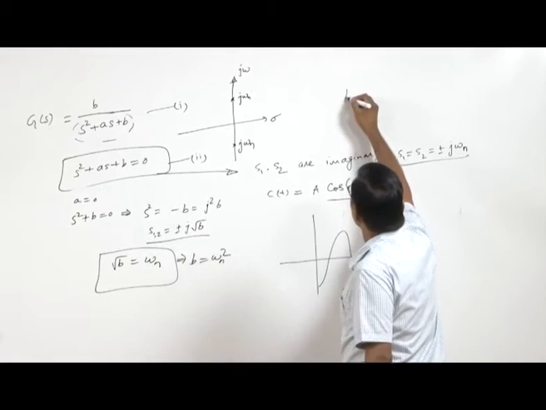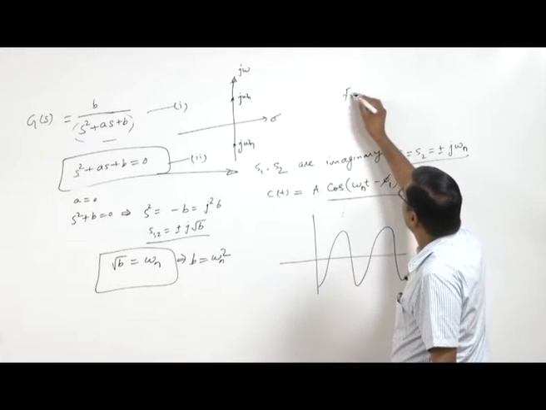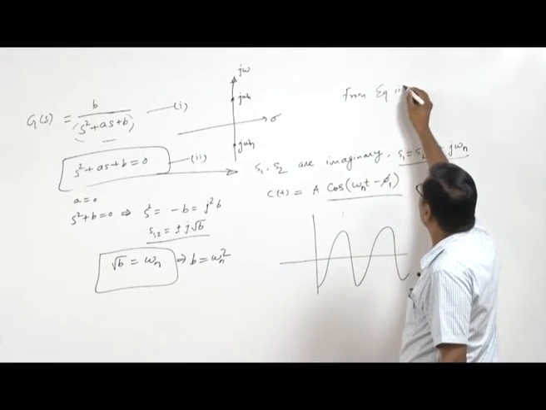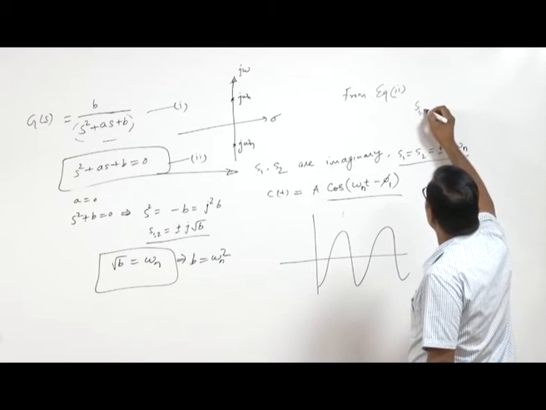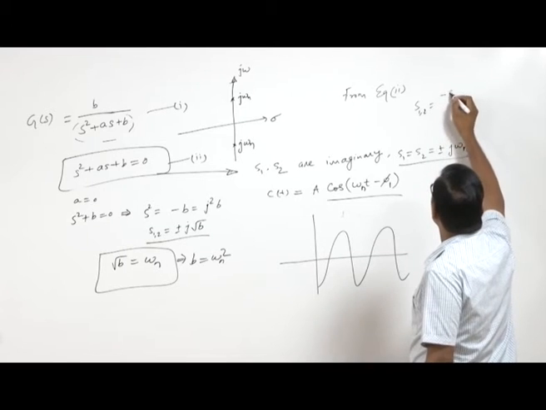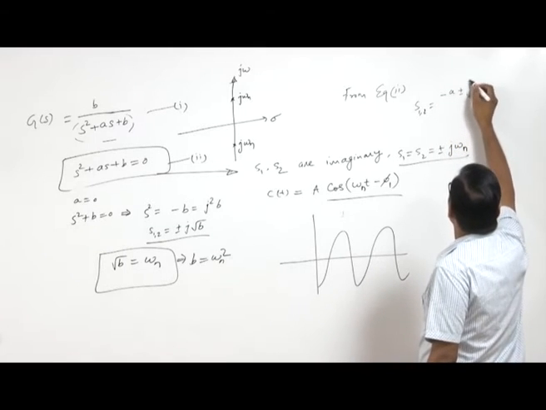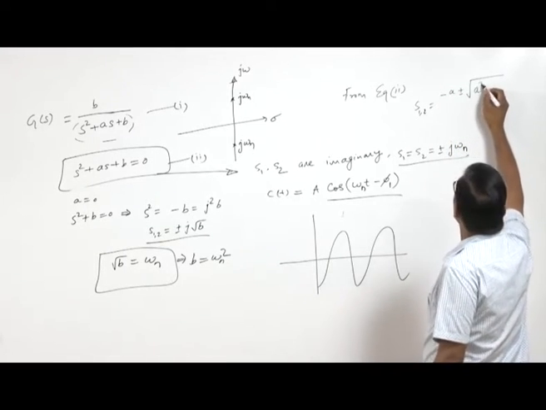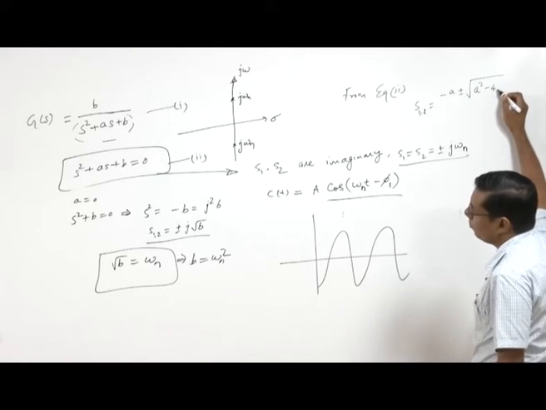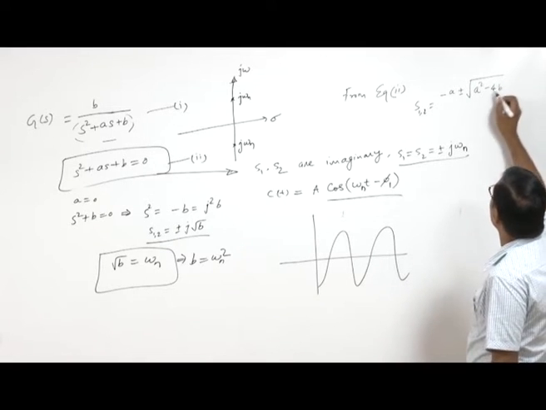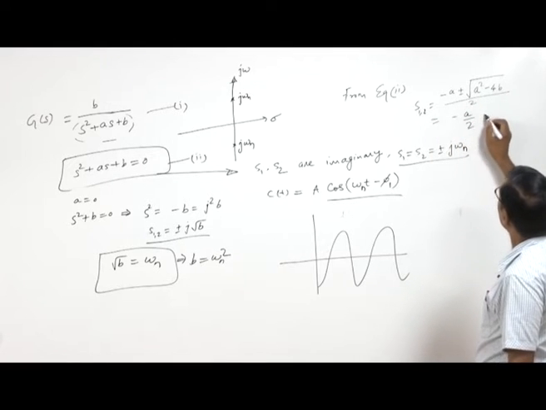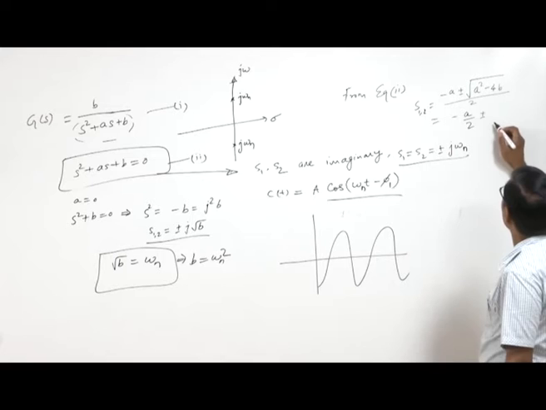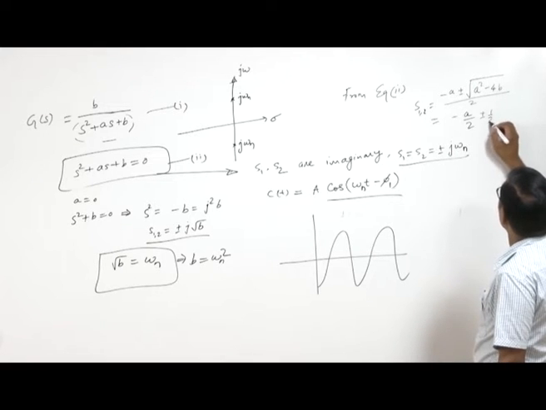From equation 2, we can have s equal to minus a plus minus under root a square minus 4 into 1 into b, divided by 2. So we get minus a by 2 plus minus 1 by 2 under root a square minus 4b.